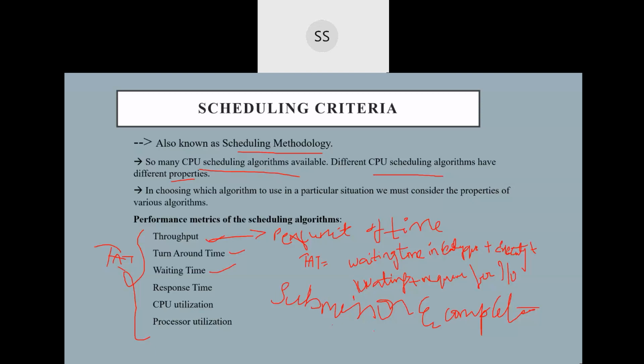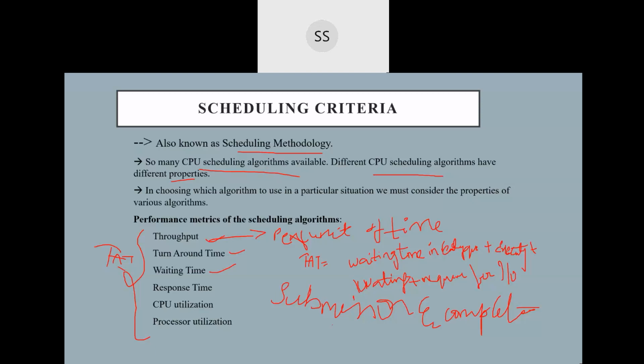Or we can take it as the sum of the waiting time in the ready queue, the executing time, and the waiting time in the queue for IO operation. This is the turnaround time.